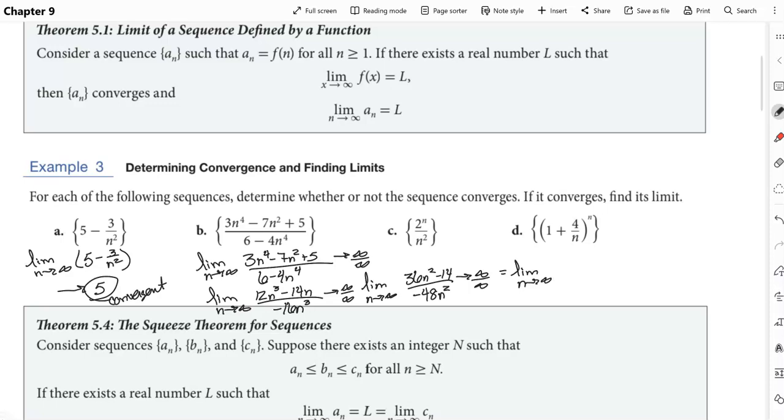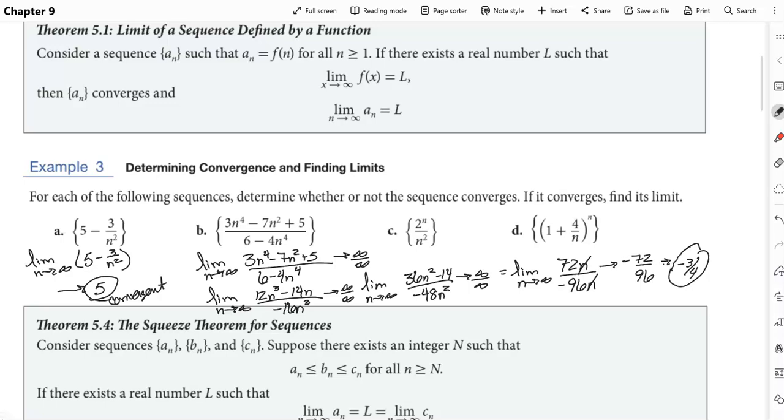So 36 times 2 is 72n over negative 96n. Now you can see those n's are going to reduce, and that limit's going to go to negative 72 over 96, and that reduces to negative 3 over 4. So that limit is negative 3 over 4.